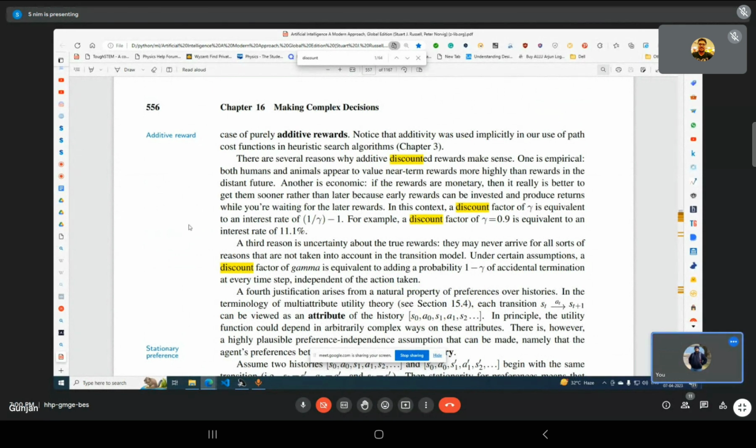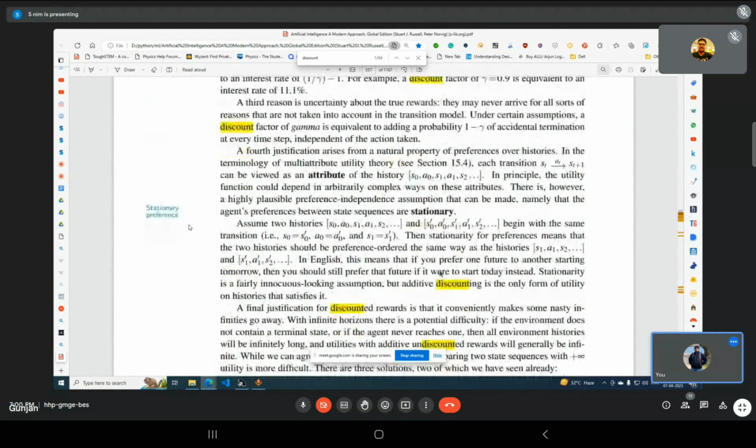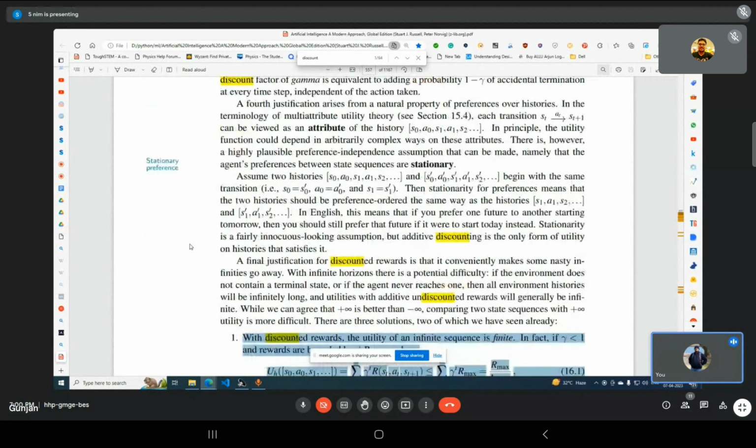Can you scroll down a bit? With an infinite horizon, if the environment does not enter a terminal state, the environment will be infinitely long. I think these points are fair enough to say that. But still, where has the book quoted that? Okay, just keep it here.